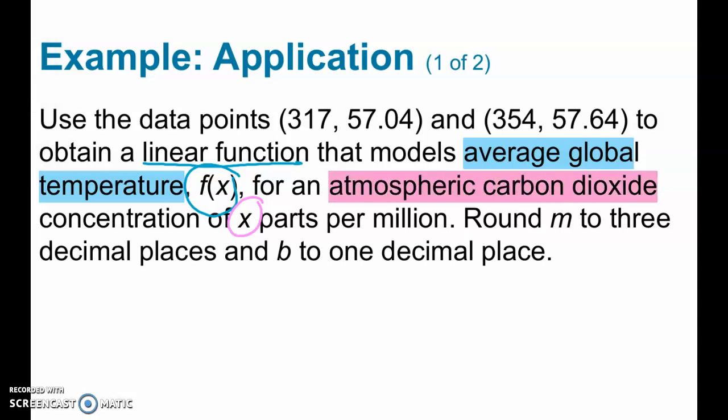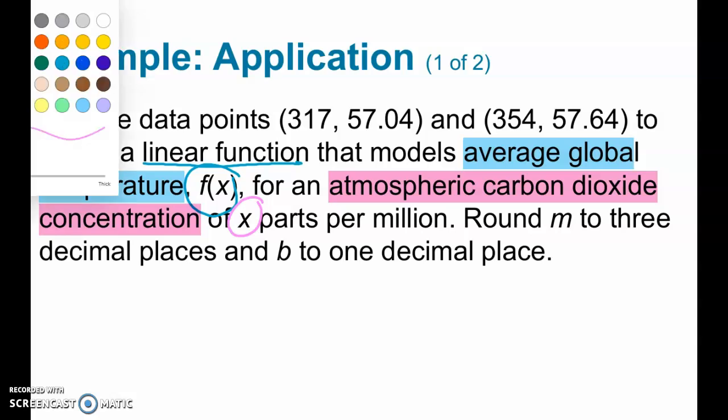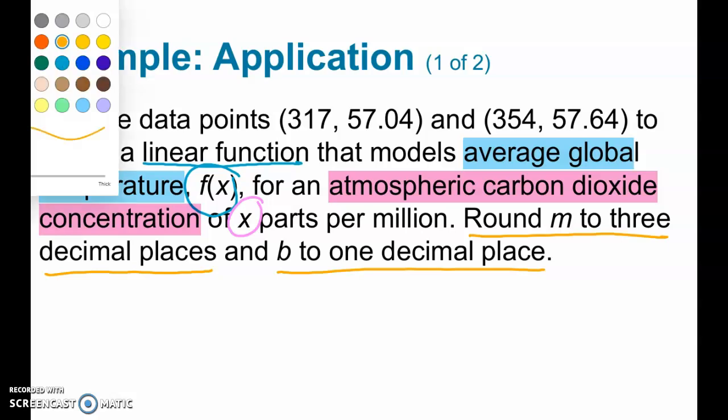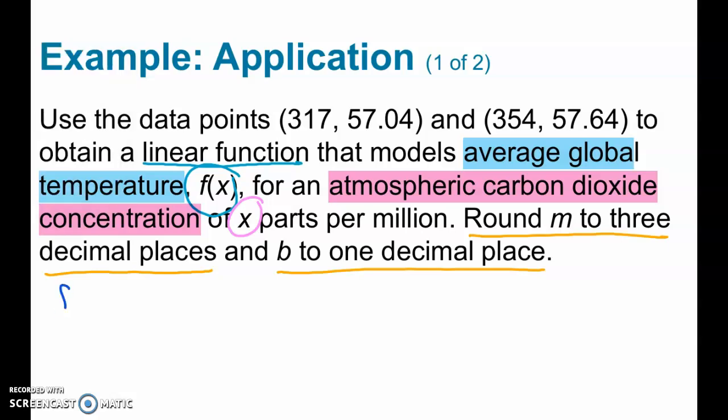So atmospheric carbon dioxide concentration. That's the input. Then it says to round the slope to 3 decimal places and b to 1 decimal place. So we have a linear function. So I'm going to start with that.